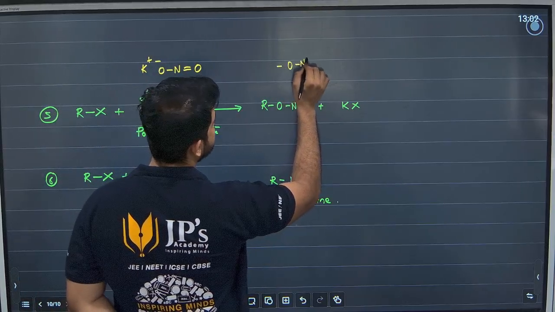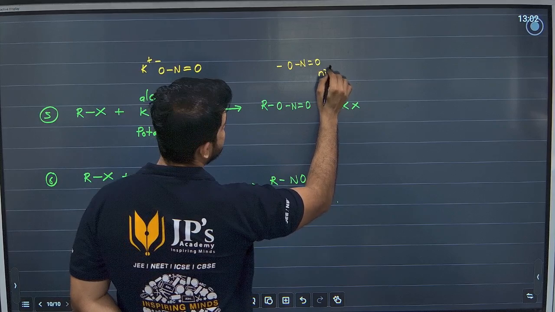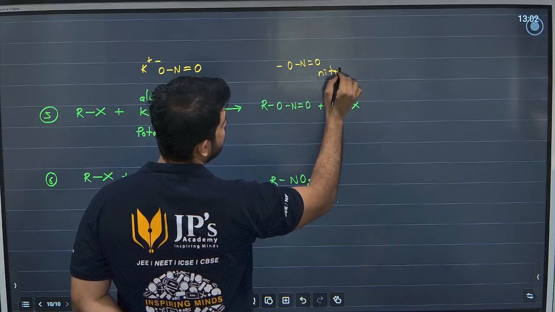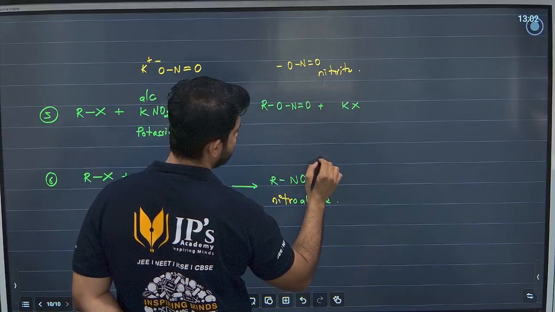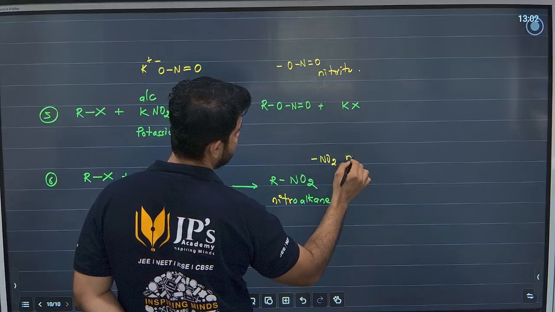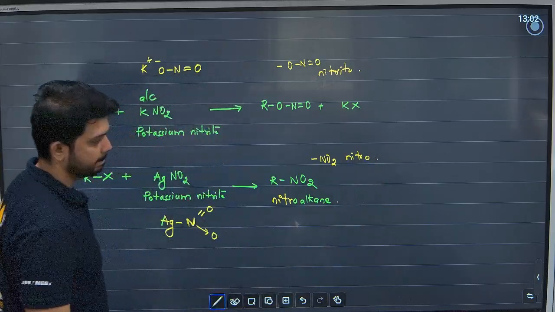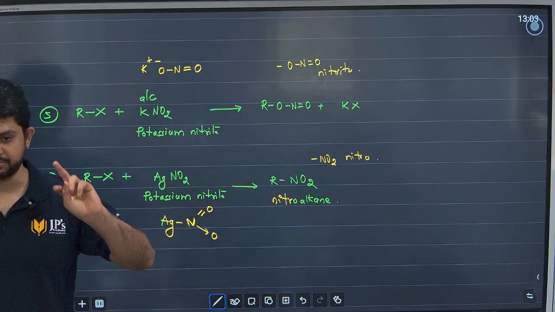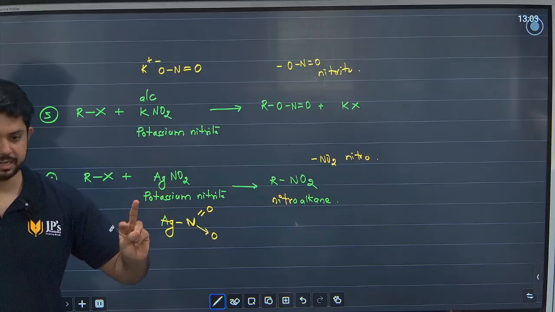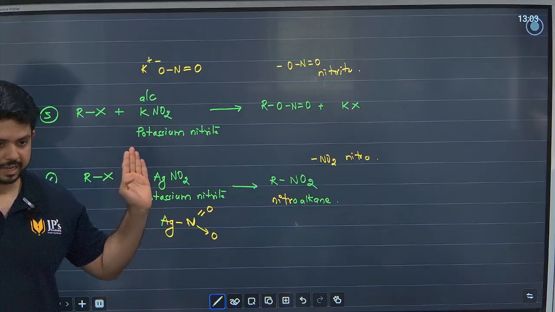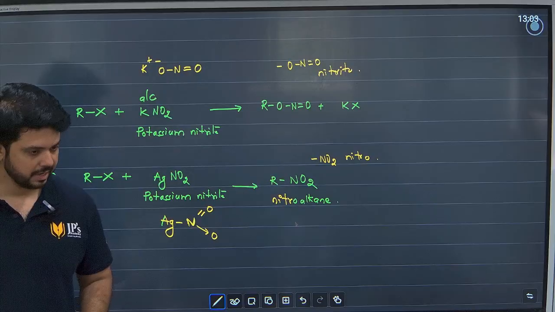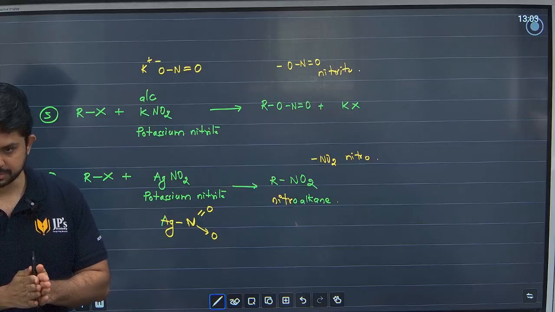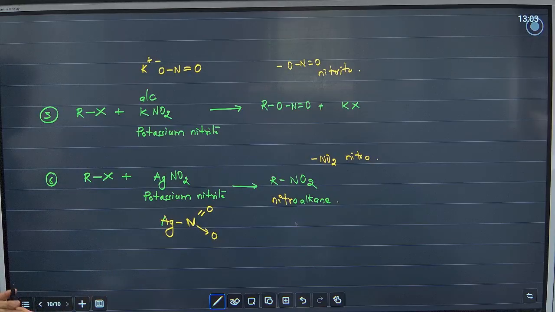ONO को क्या बोलते थे हम? नाइट्रीटो O बोलते थे ना, और ये NO2 को क्या बोलते थे? नाइट्रो, नाइट्रीटो N, नाइट्रीटो O ऐसे भी बोला था. So दो exceptions, one in case of KCN and AgCN, the other in case of KNO₂ and AgNO₂. Did you people get that? Yes or no? समझा सबको? ठीक है, चलो नेक्स्ट.